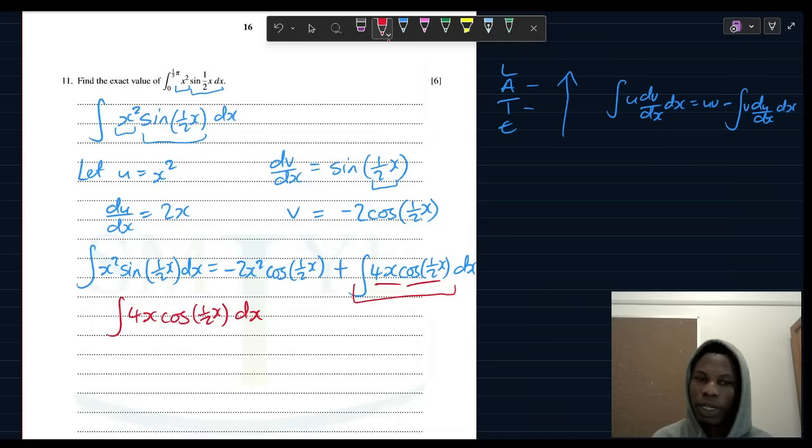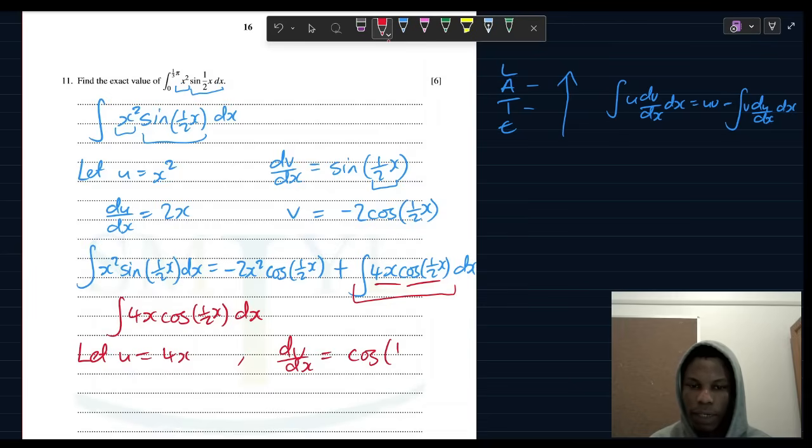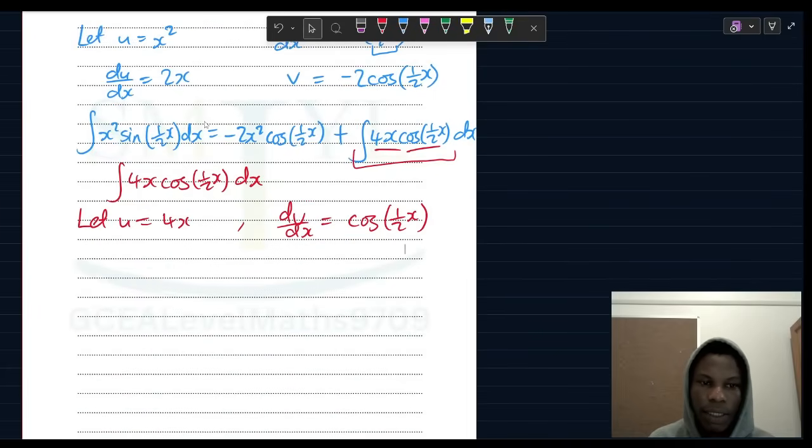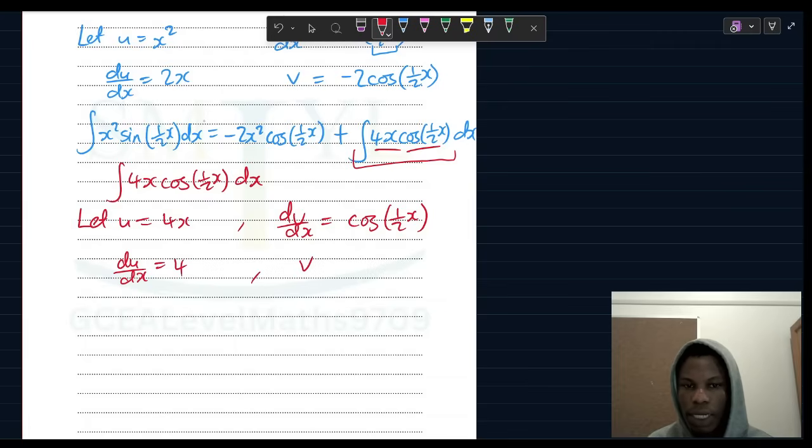We've got algebra and trig, so let u be the algebra. u is going to be the 4x, and dv dx has to be the cosine of half x. And so if you differentiate u, you get du dx. Differentiate 4x, you get 4.